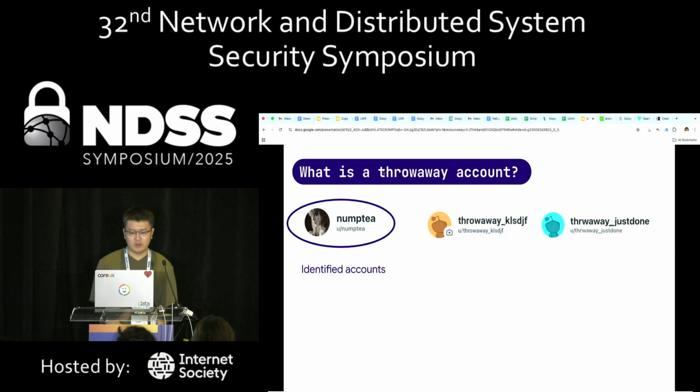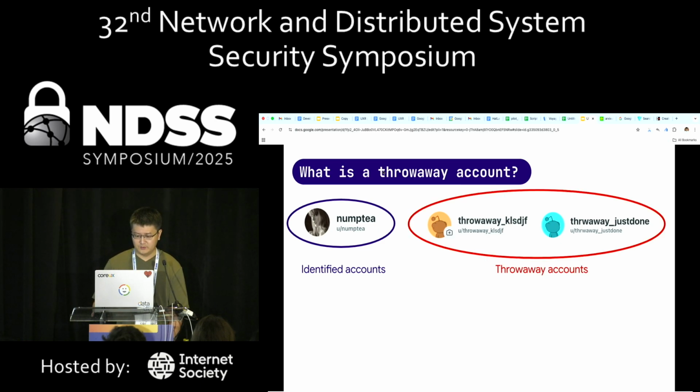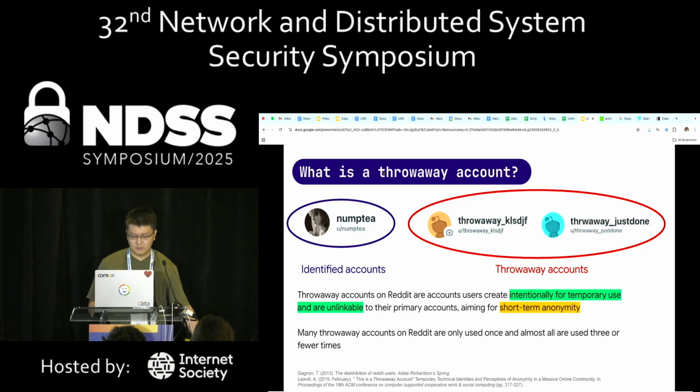One community norm on Reddit is for users to use temporary, non-identifiable, and non-linkable accounts to achieve short-term anonymity. Almost all of them are used only 3 times or fewer. It's just like I use it and I throw it away, right? So following the literature, we call those accounts throwaway accounts.